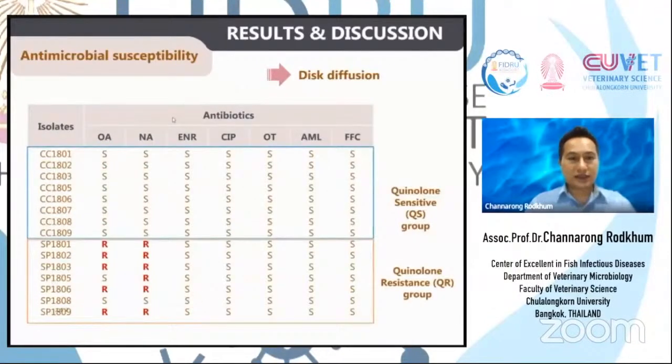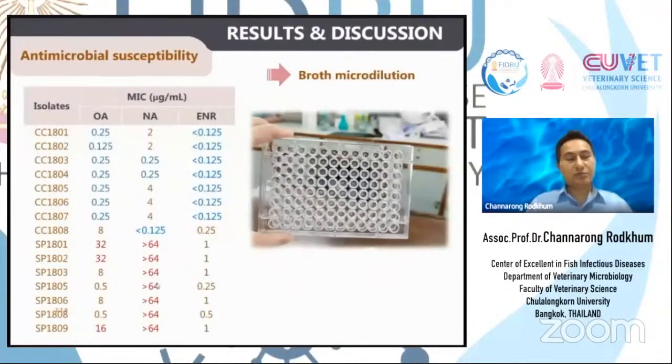These are the results of antimicrobial susceptibility of Flavobacterium columnare interpreted by disk diffusion. We can see the interesting quinolone resistant strain, and we keep it as an interesting strain for whole genome sequencing. We confirm the minimal inhibitory concentration of each strain that we submit for whole genome sequencing also.